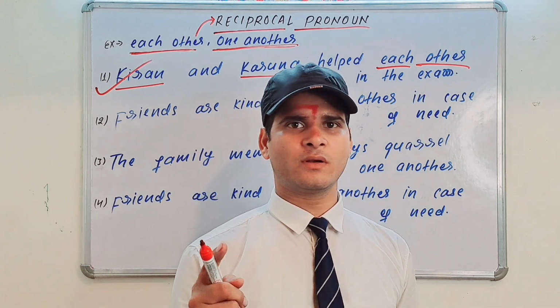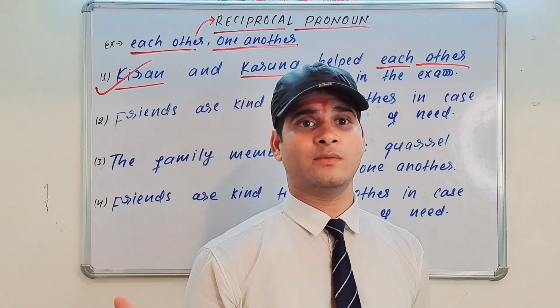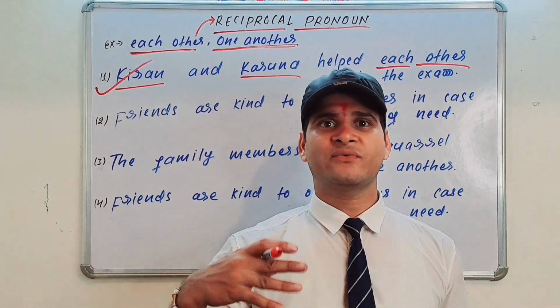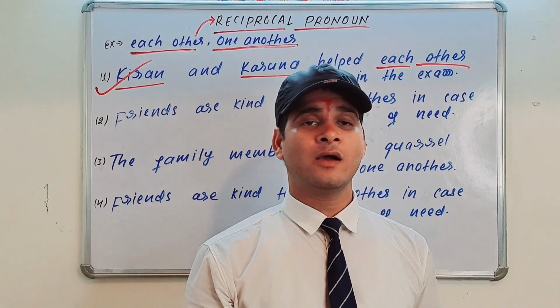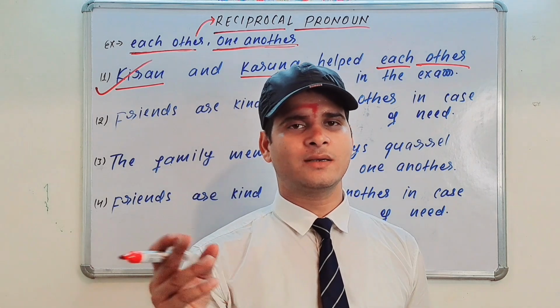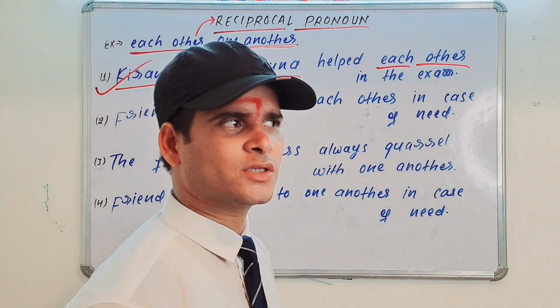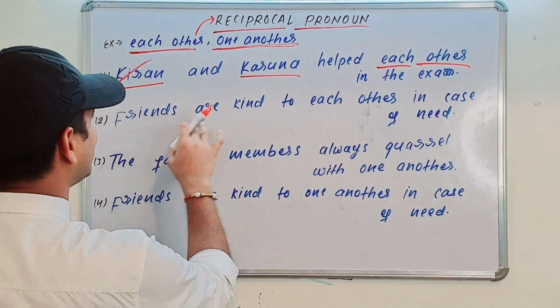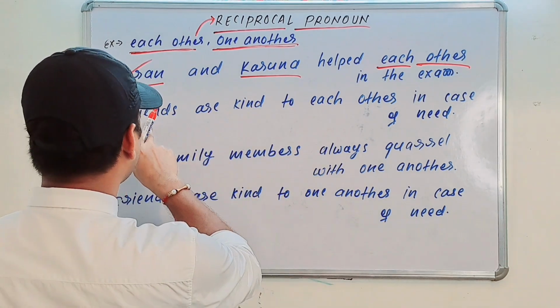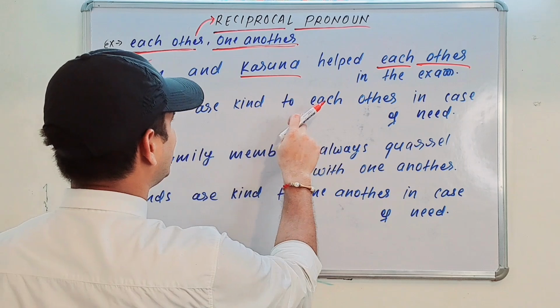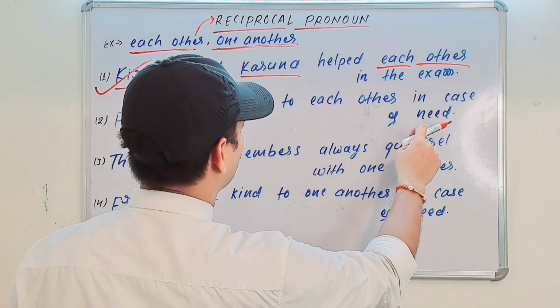Singular means only one and plural means more than one. So when we use friends, it is more than one. Friends are kind to each other in case of need.